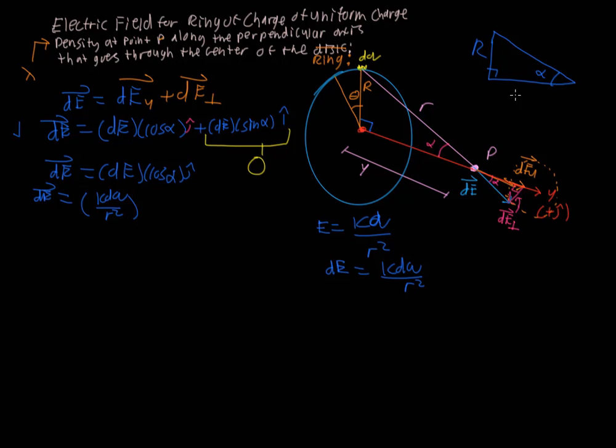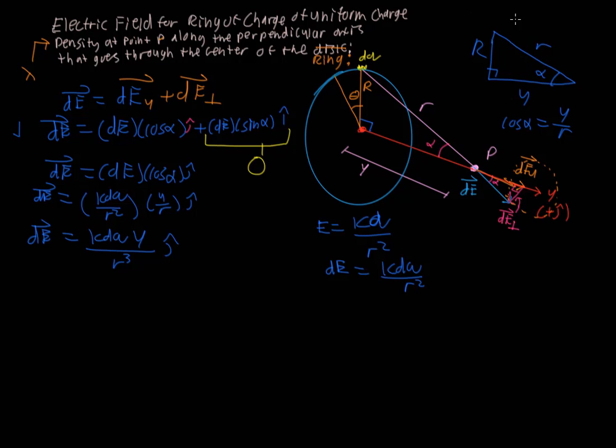And then this is r, and this is y, and this is my little r. So cosine of alpha is going to be y over r. So we have cosine alpha equals y over r, and then we're going to sub this in for cosine alpha. So y over r, j hat, we're going to combine our r's, and we can also combine our y over there. So we got this. Now we want to solve for r.